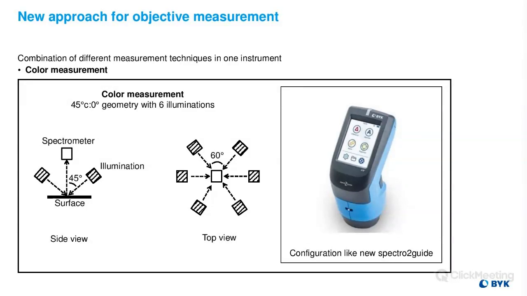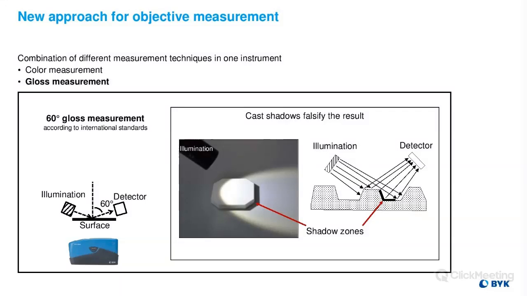The detector is normal to the surface, and this measures color as we see it, meaning gloss and texture will affect how we see the color, just as gloss and texture will affect how the instrument measures the color. So that's one of the standard measurement techniques that you might be familiar with.